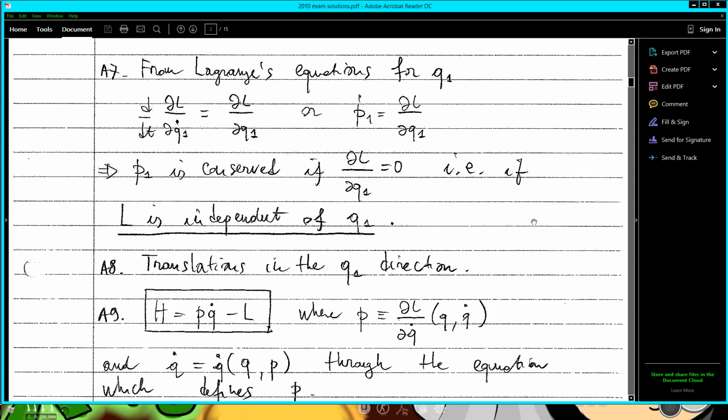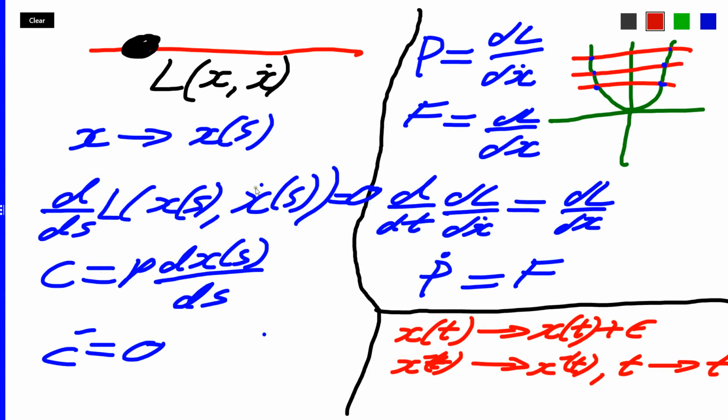Cool. So L is independent of q1. What would the Noether symmetry be? Well, going back to my example, the way of thinking about this one could be done very similarly. Just looking back at the very last part I did, we translated it by some infinitesimal change epsilon, and when we differentiated it, it disappeared.